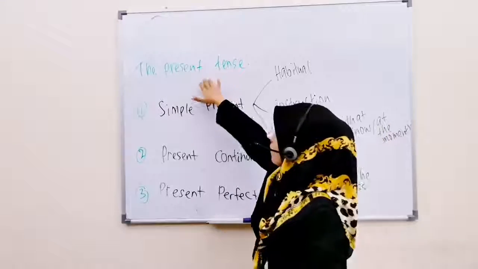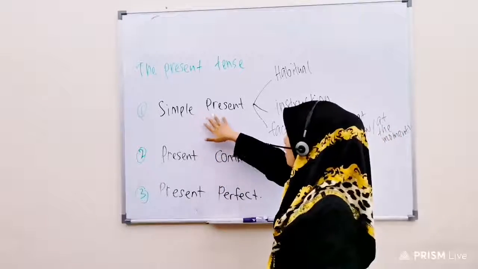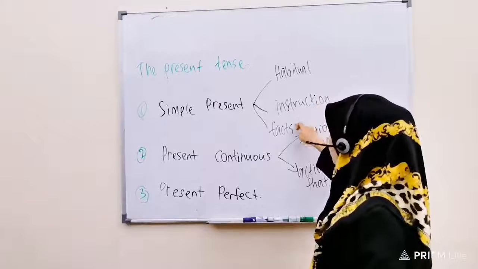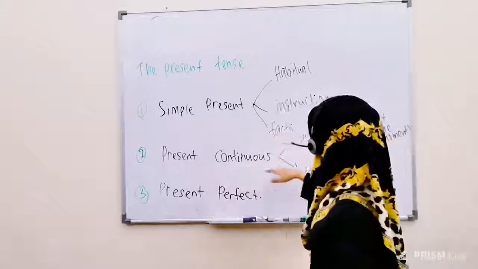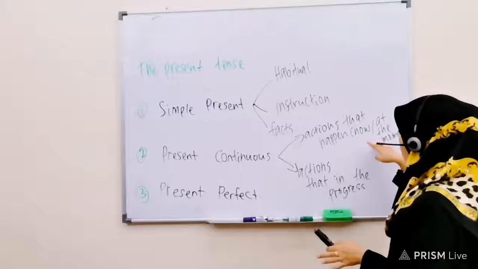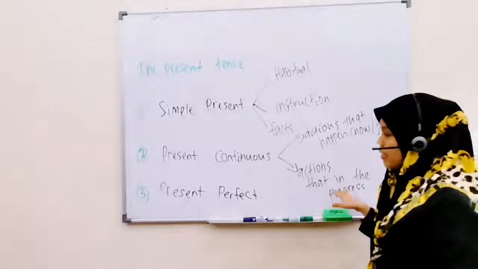You see, for present tense we have 1, 2, and 3. So you already know about present simple, that is habitual, instruction, facts. Present continuous is about actions that happen, for example, like now, at the moment, and also actions that are in progress.